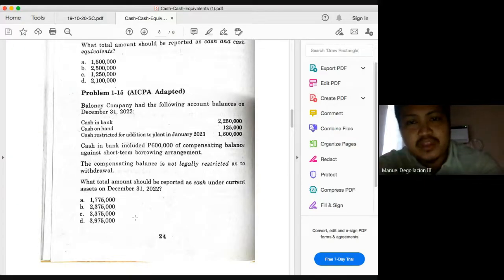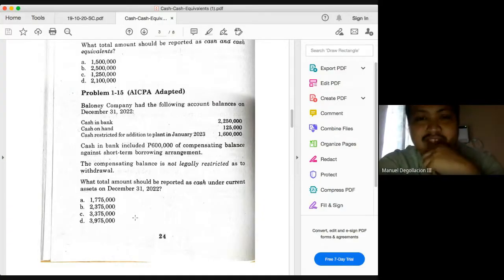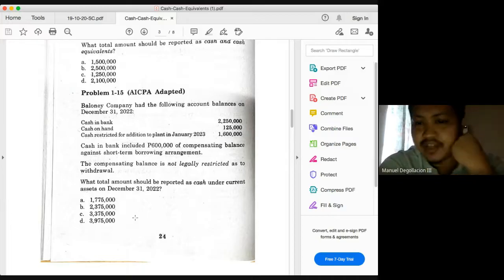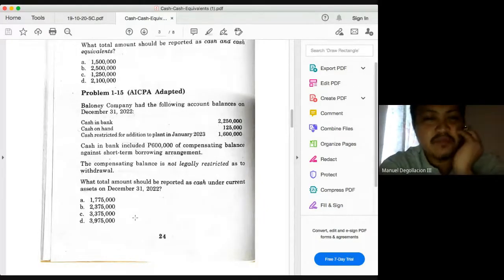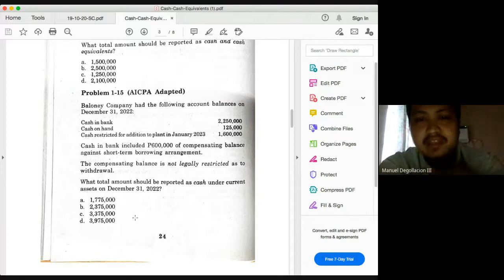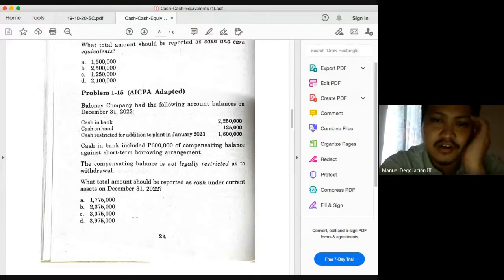In 2022, if you would classify the 1,600,000 as part of your cash and cash equivalents, then that will give you a very big balance to your cash and cash equivalents. And that will give you a wrong sense of liquidity. It will give a wrong impression that the company is very liquid. Because even though indeed there is a cash of 1,600,000, the 1,600,000 cash is not available for current use.